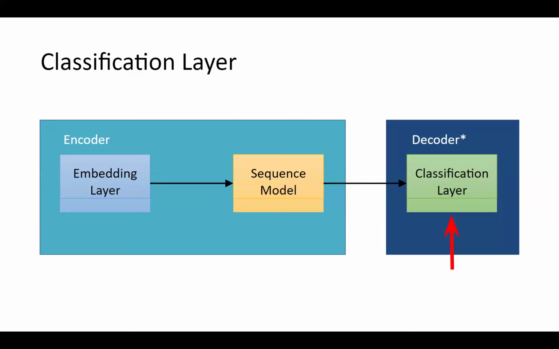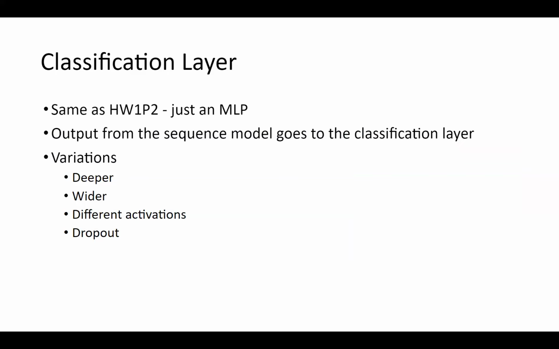Maybe next we can go on to the decoder. The decoder in our case is a simple classification layer, and you can use an MLP for the classification layer. You have the flexibility to experiment with the architecture. You can adjust the number of layers and the activation functions that you're going to use.